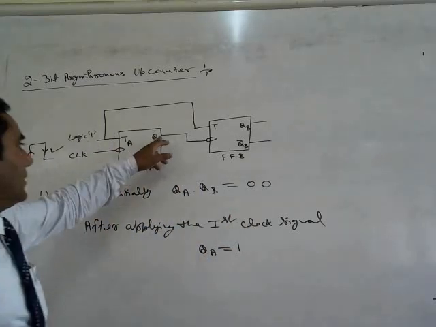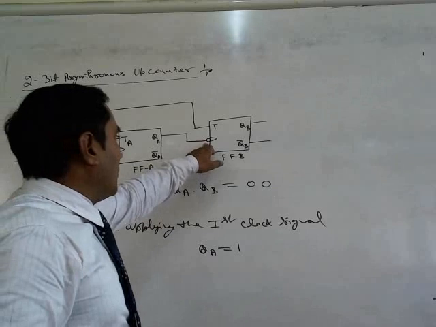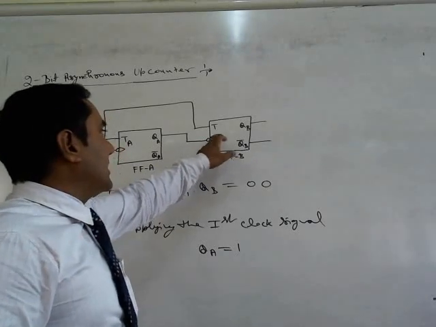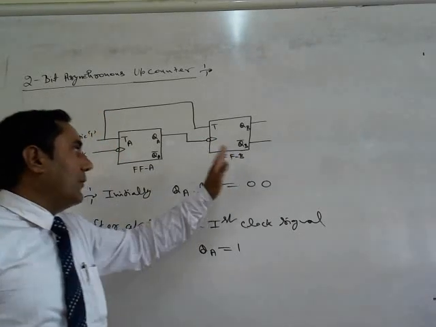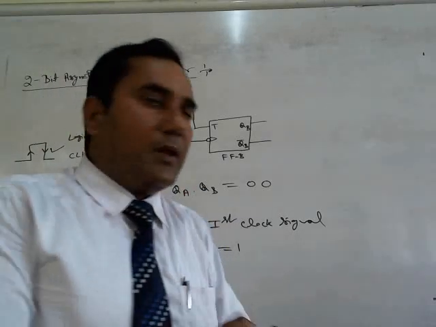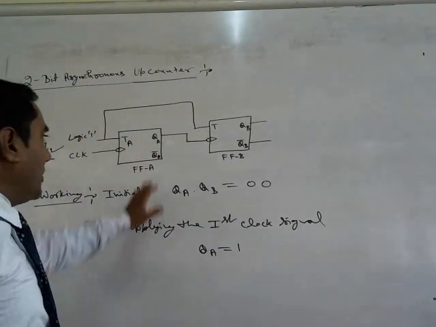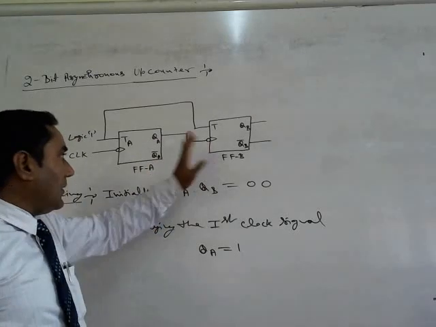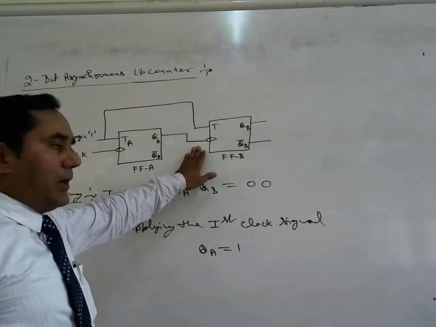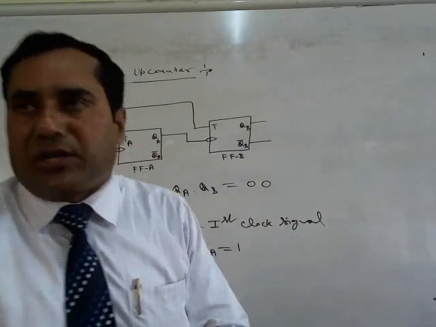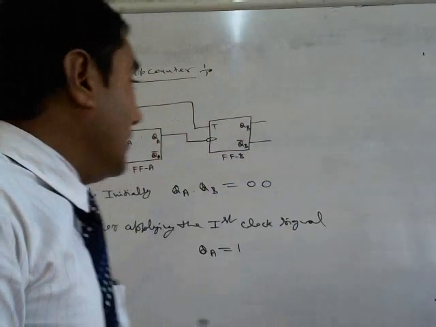Then logic 1 goes to the clock of the second flip-flop, or flip-flop B. Since it is a negative edge triggered flip-flop, it does not accept the logic 1. It operates on the negative edge triggering.